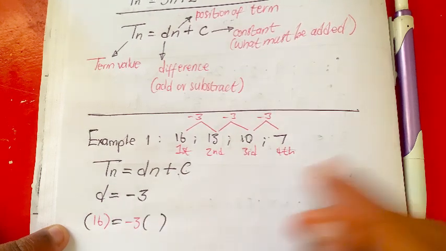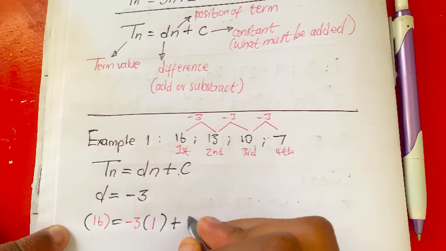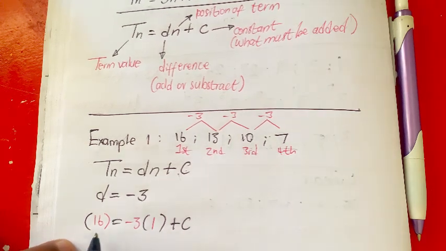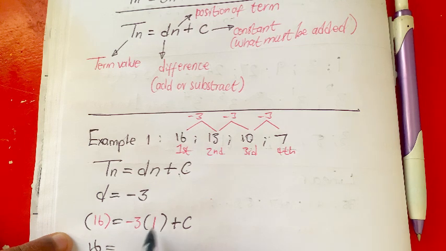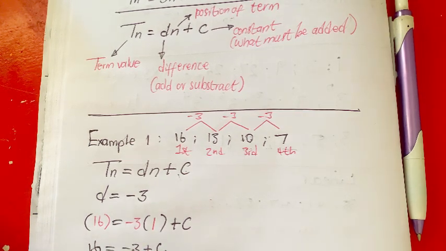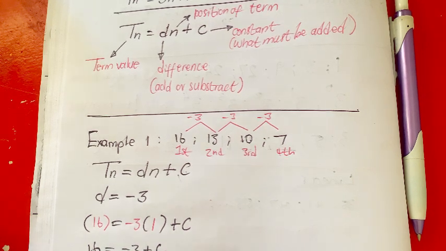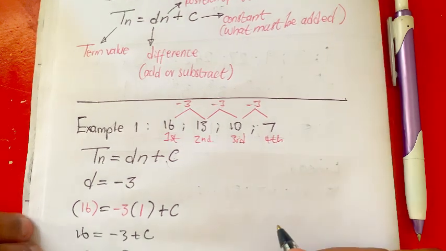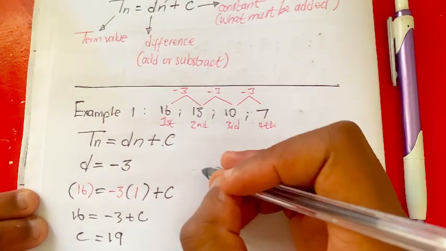And the position is 1, plus C. We do not know C. So 16 is equal to -3 times 1 is -3 plus C. So 16, 3 will go to the other side, become positive. It will be 19. So each time you know that your constant is 19.